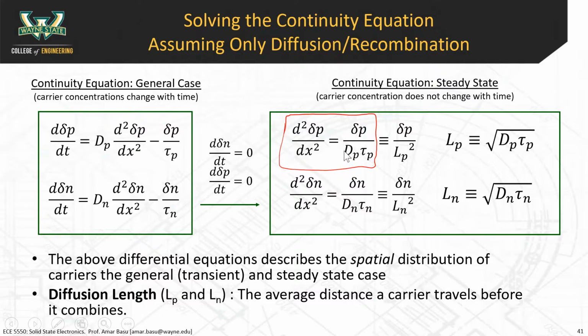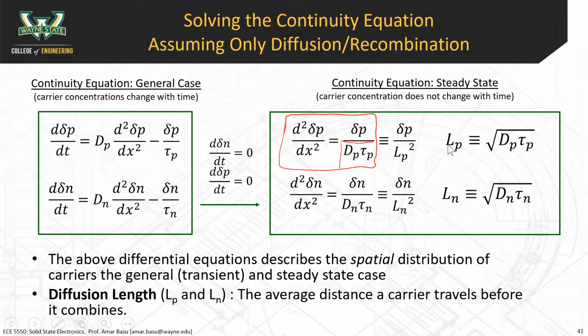This product turns out to be pretty important. It turns out to be physically relevant. Dp is the diffusion coefficient, and tau p is the carrier lifetime. If you take the product of the two and take the square root of it, we define that as the diffusion length.